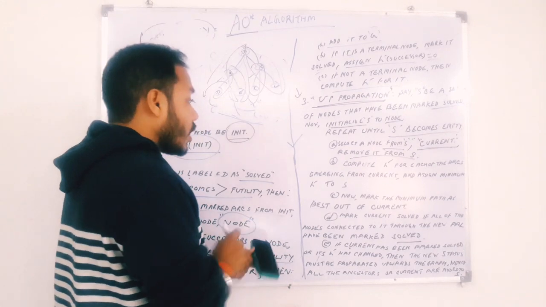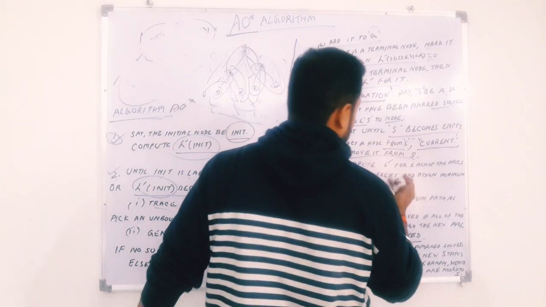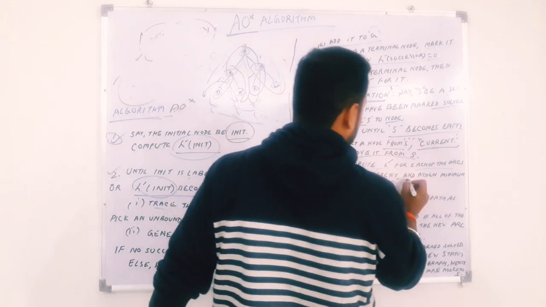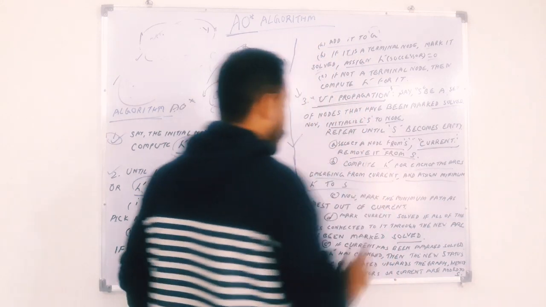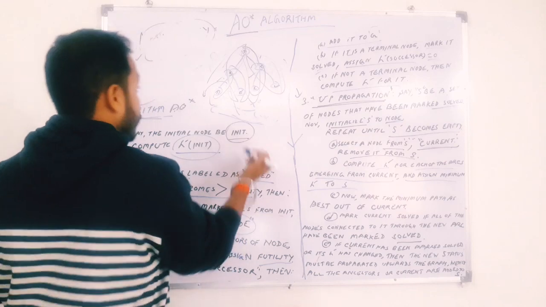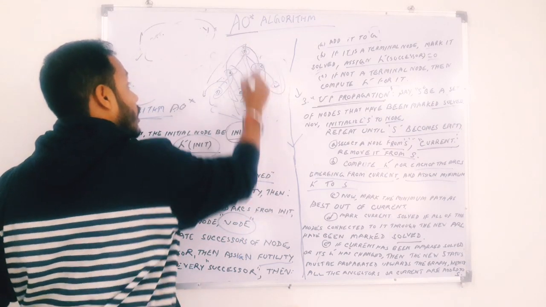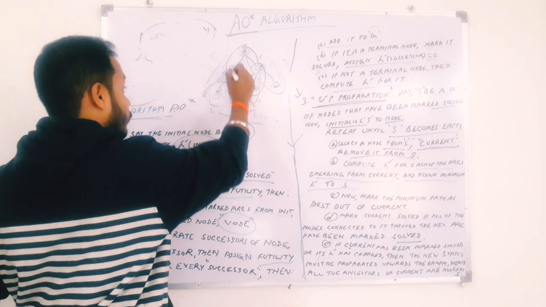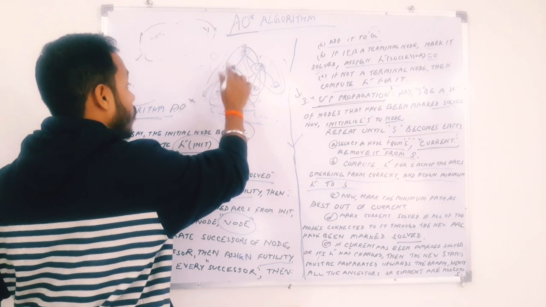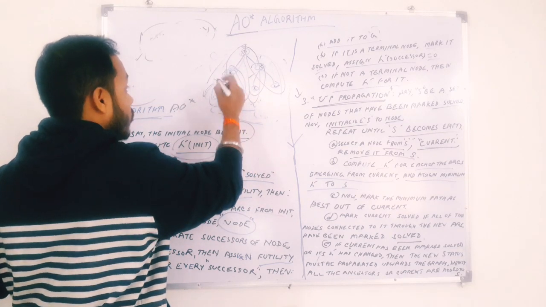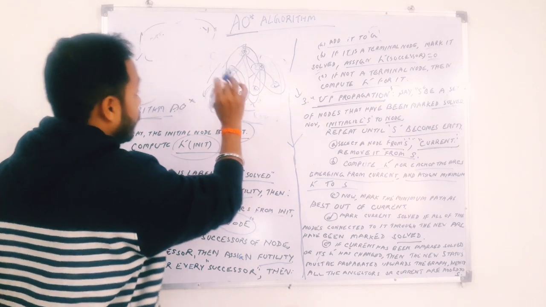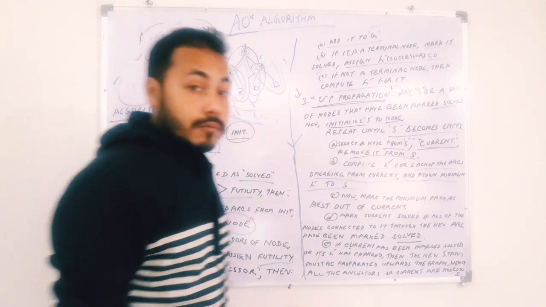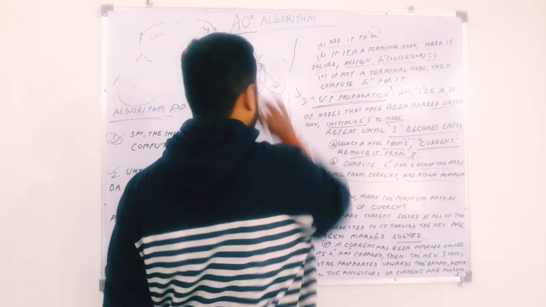Then compute H dash for each of the arcs emerging from current and assign minimum H dash to S. So means what? Suppose we go back to this level and we try to evaluate all this part, and whatever is found, suppose this part is found best, means less cost involved, then we'll initialize this arc to our current arc.